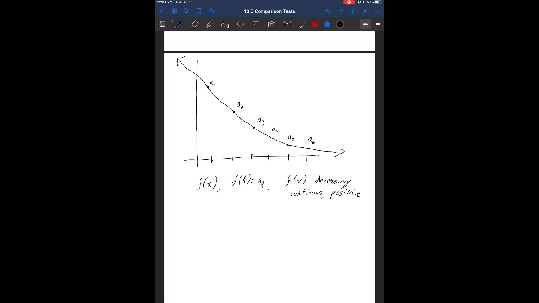And if we look at this now, adding up the first 6 terms is kind of like adding up the rectangles. So this rectangle right here from 0 to 1 has an area of a1. This one right here has an area of a2, with a width of 1 and height of a2. Then a3, a4, a5, a6, and so on and so forth.